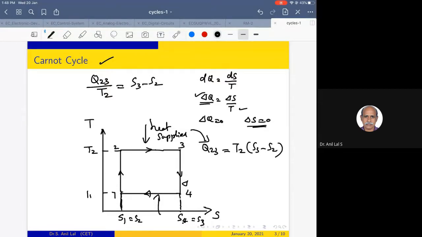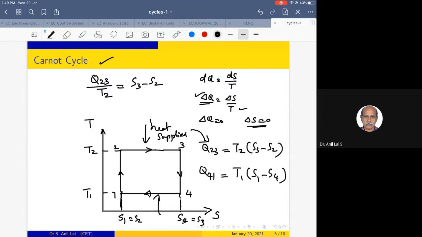Similarly, where is the heat rejected? Heat rejected is during 4-1, which is also an isothermal process. So delta Q, Q from 4 to 1, is equal to T1 into (S1 minus S4).